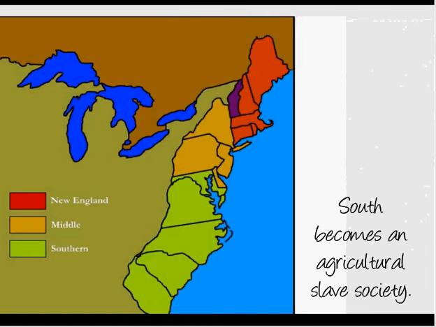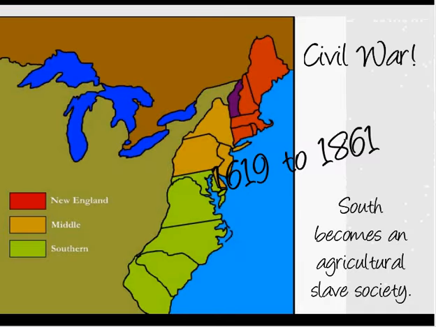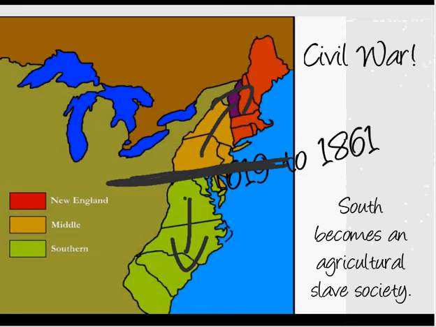This slavery basically lasts from 1619 till 1861, which is the outset of the Civil War. Because of the South's use of slaves and that division that kind of forms right there, where you get good farming down here and not so good up here, it's going to sow the seeds which will continue to divide the country until eventually war.